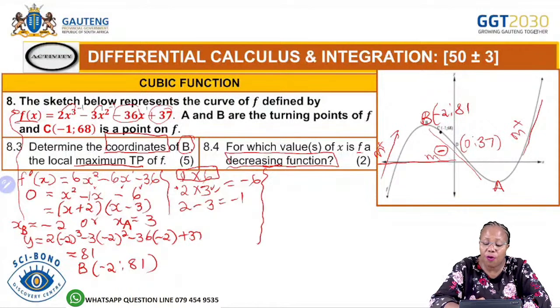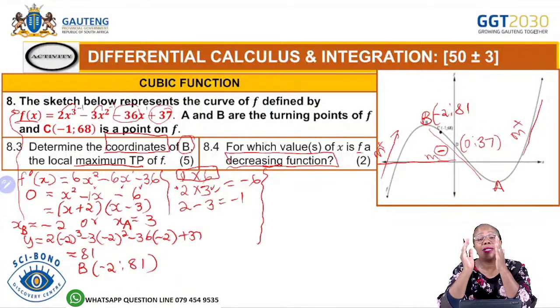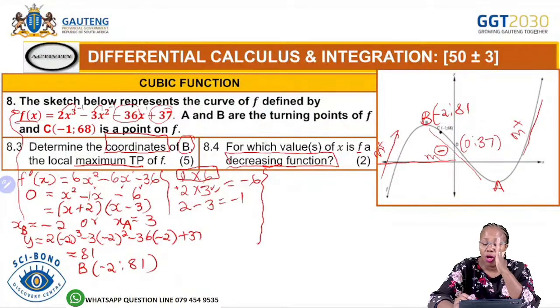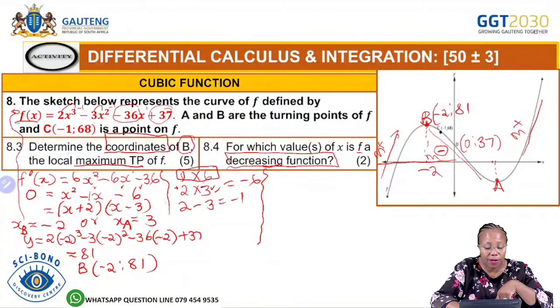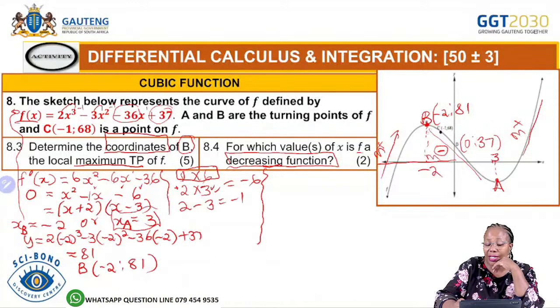So now they say for which values of x, that means our answer will be in terms of x now. We know this is decreasing from B to A there. What is the value of x at B? It is -2. The value of A, remember we have calculated there that the x value for A is 3. So this graph is decreasing within that interval here.